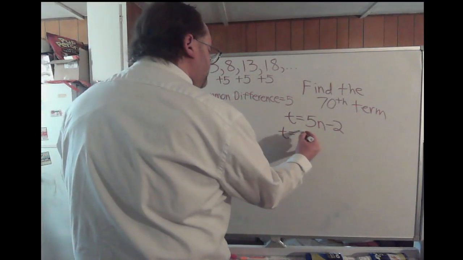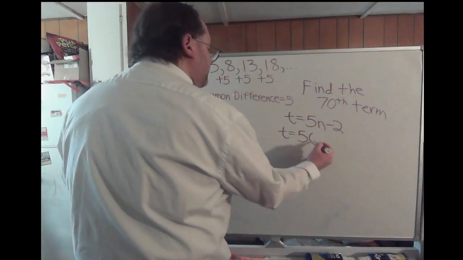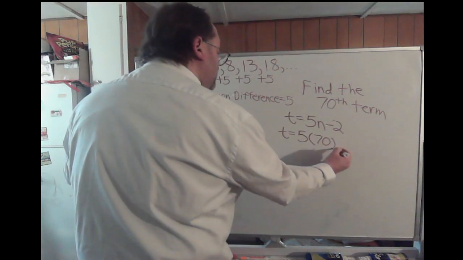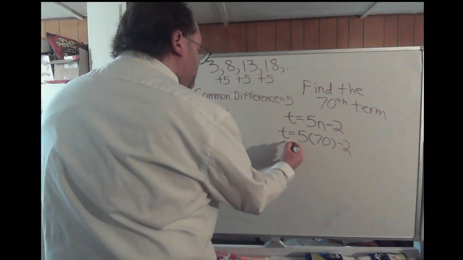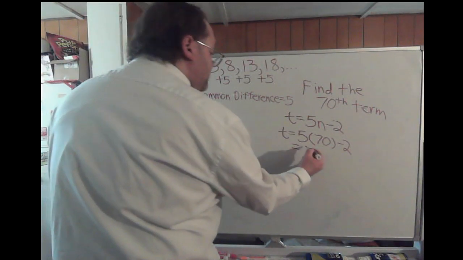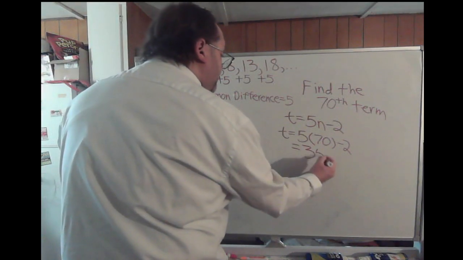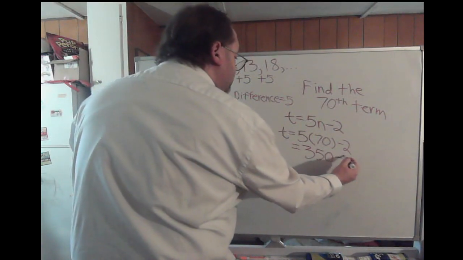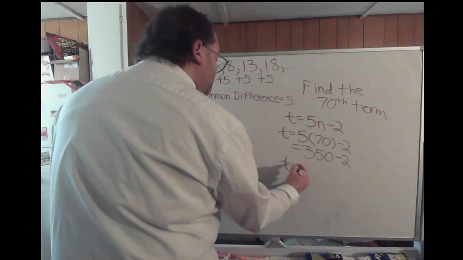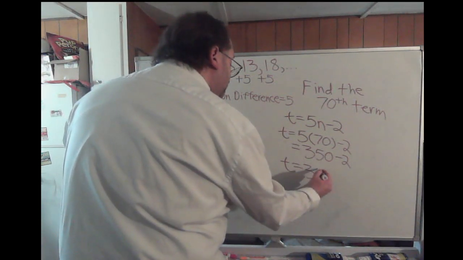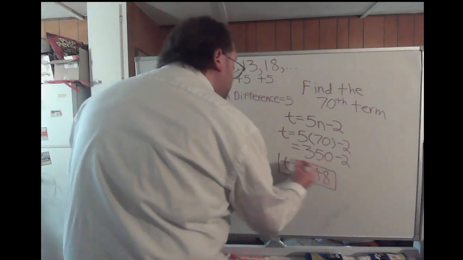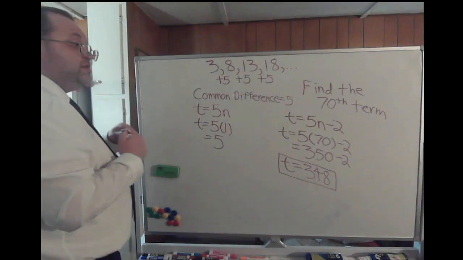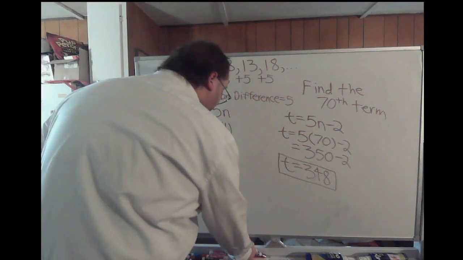So the term would be equal to 5 times the number of the term, which is 70, minus 2, which we know 5 times 70 is going to be, well, 350, then minus 2. So the 70th term happens to be 348. So the answer to this would be 348.